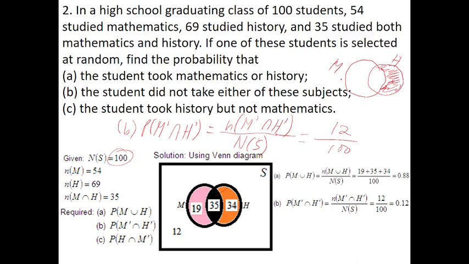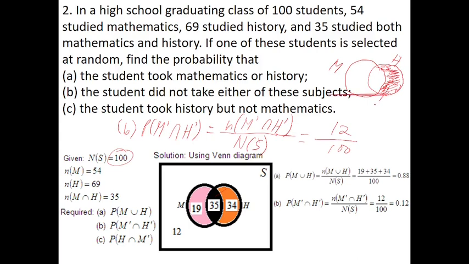Kasi not mathematics, sabihin outside sa mathematics event, outside sa kanyang domain. Ito na yung tinutukoy ngayon, history and not mathematics. Ito yung kanilang intersection. Sabihin yan, history only.